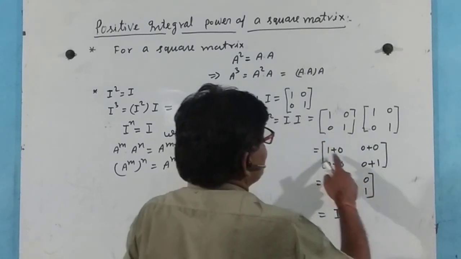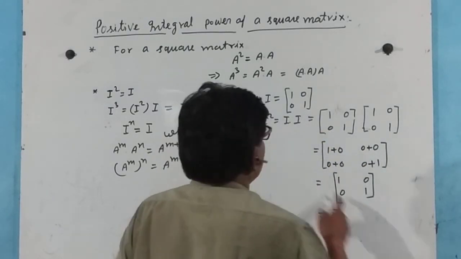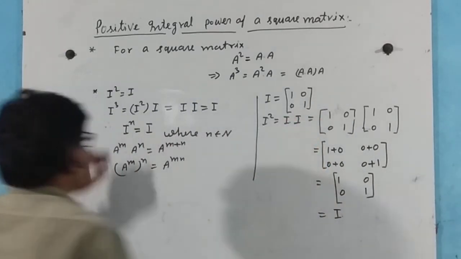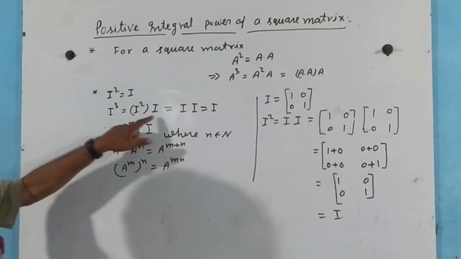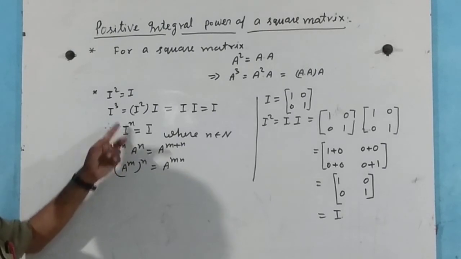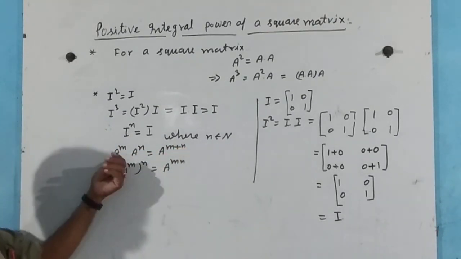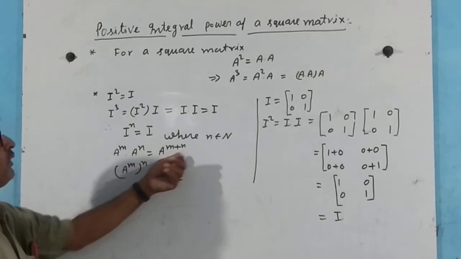So we get [1 0; 0 1], I square equal to I, so I cube can be written as I square into I, which is I. Thus I to the power m equals I, where m belongs to natural numbers, and A to the power m times A to the power n equals A to the power m plus n.